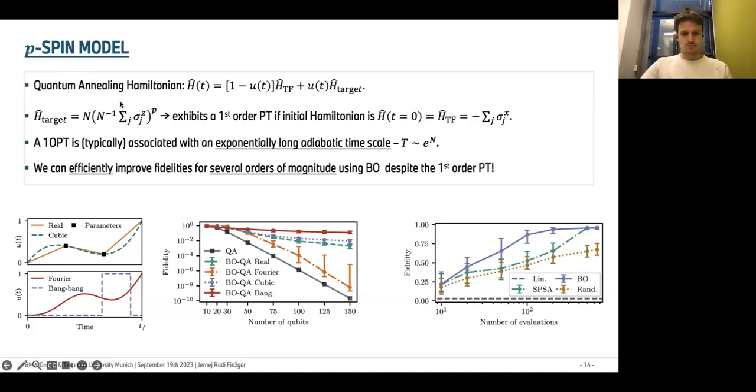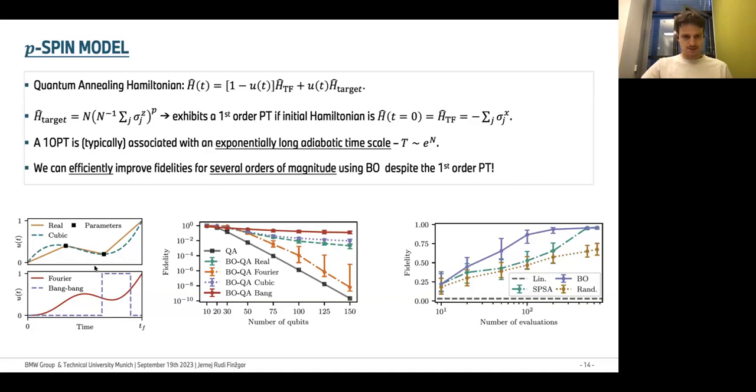And as many of you might know, typically such first order phase transitions are associated with an exponentially long adiabatic time scale, meaning that the gap along this path vanishes exponentially, such that you will need an exponentially long annealing time in order to prepare the ground state of this model or of this system.